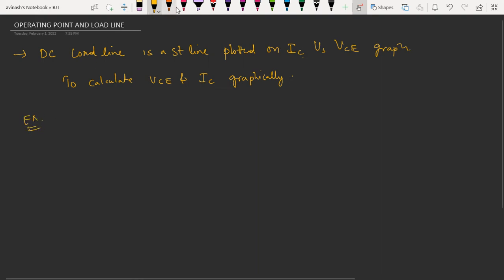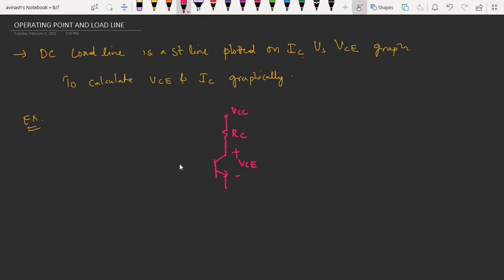An RC resistance is connected to an NPN transistor, this will be VCE, and this will be VCC.